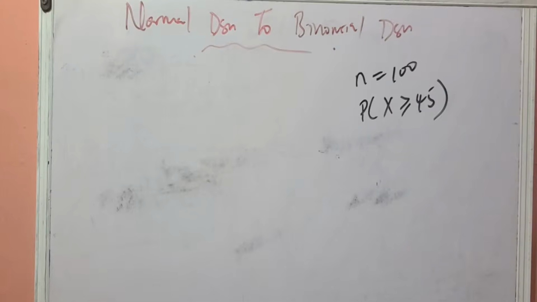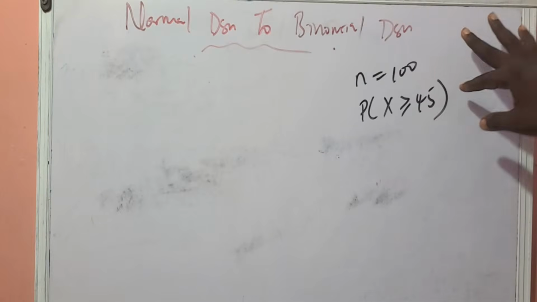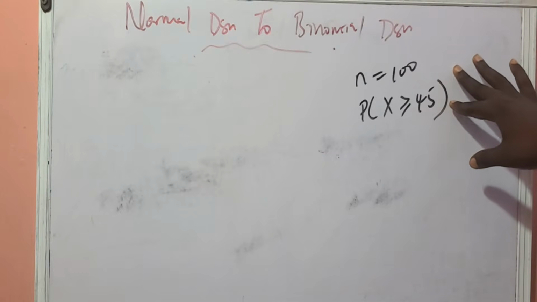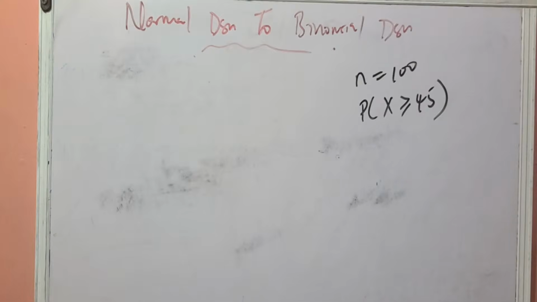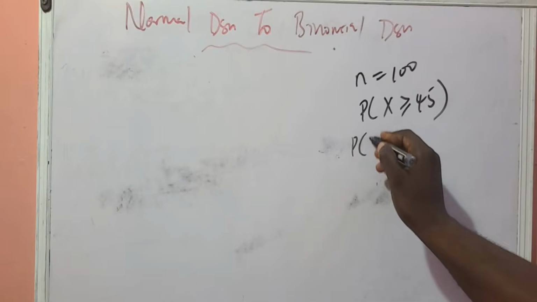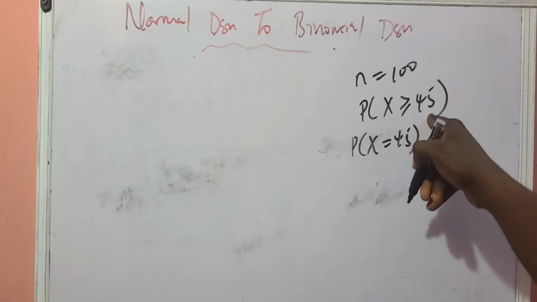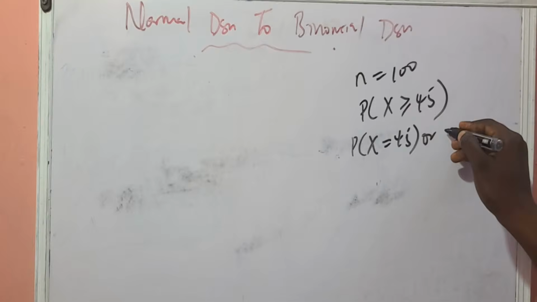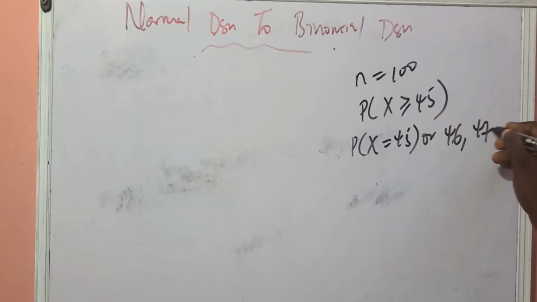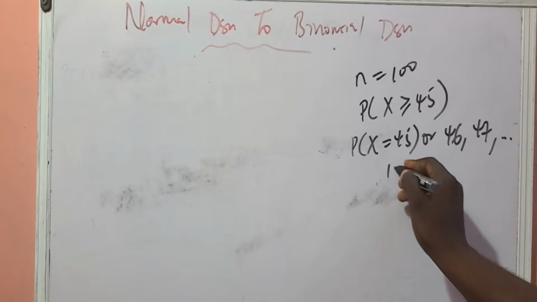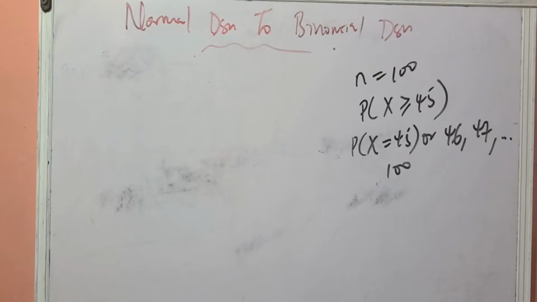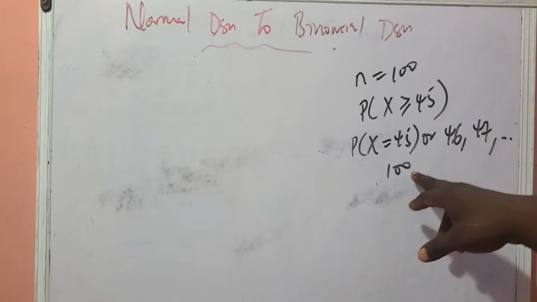Now, if you look at this question, you would see that it's very possible to solve using binomial, but it's not very ideal, because if you follow the binomial approach, that means you will have to find the probability of x when it equals 45, because we said greater than or equal to 45, or when it equals 46, equals 47, up until you get to 100. Can you visualize how tedious that would be, having to solve 45, 46 up until 100?